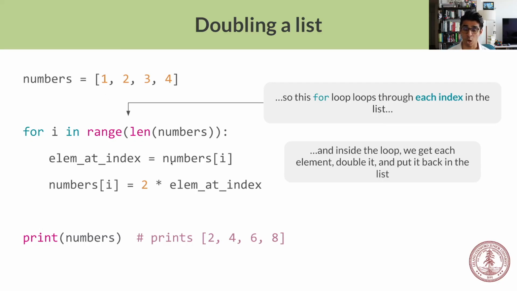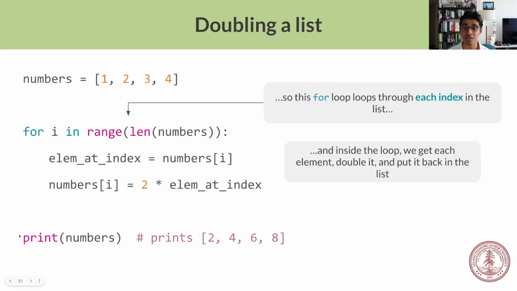So we would grab numbers at 0. And then we would multiply whatever that number was by 2 and put it back in the list. So we take this 1, multiply it by 2 to get 2, and then put a 2 back over here. We then move to the next iteration of the for loop where i would be equal to 1. And at that point, we would grab the 2 from this list, multiply it by 2 to get 4, and put it back in the list.